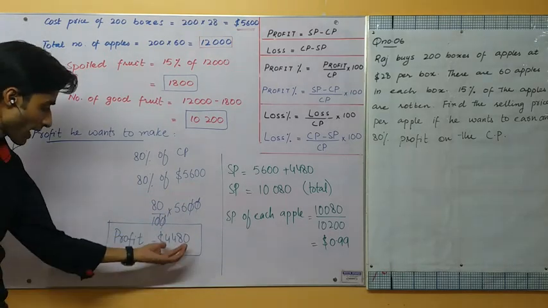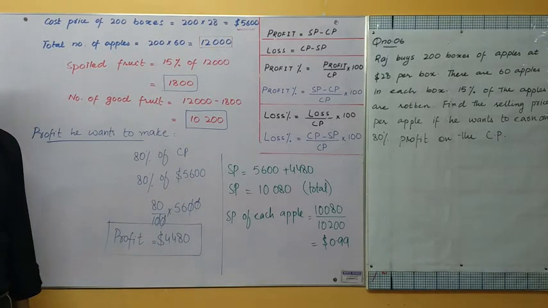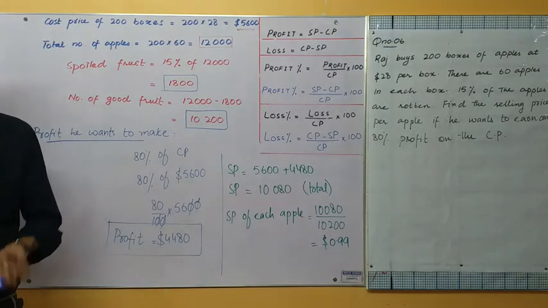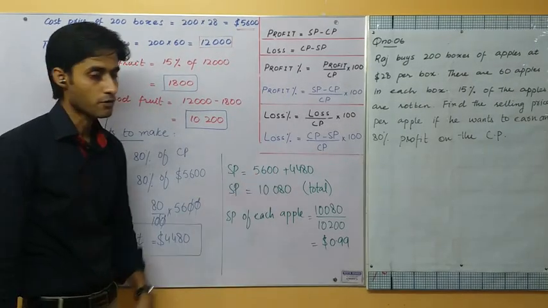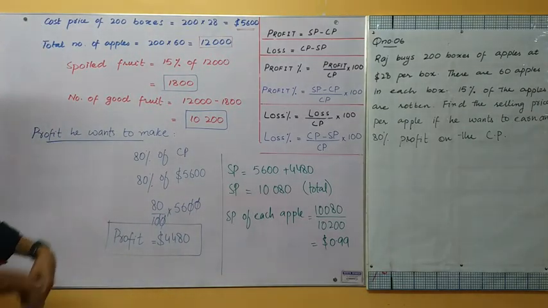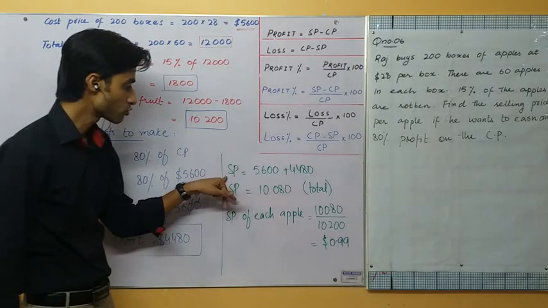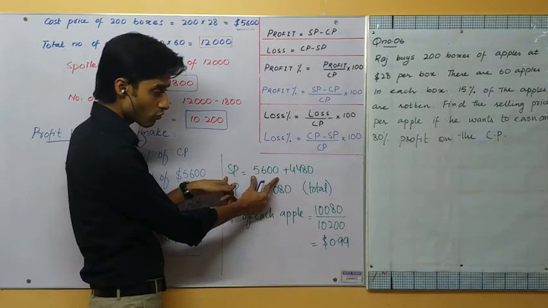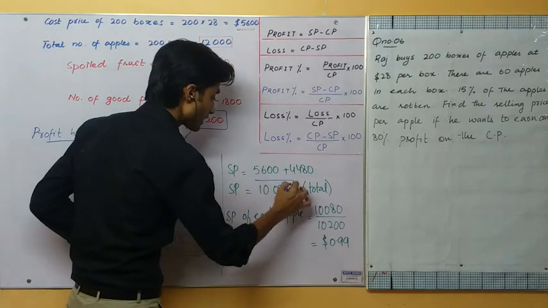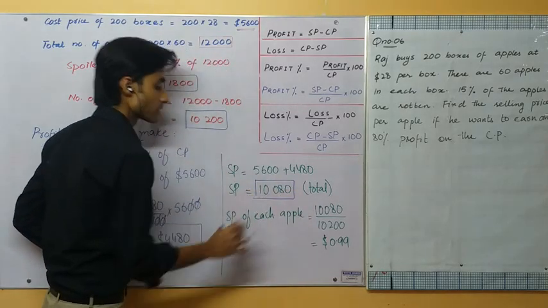So he wants to have this amount as profit, and obviously he wants to get his original amount back, refunded. This amount has to be back. So I need to find out the selling price that he has to sell everything for. Obviously it is his cost price plus this much amount.